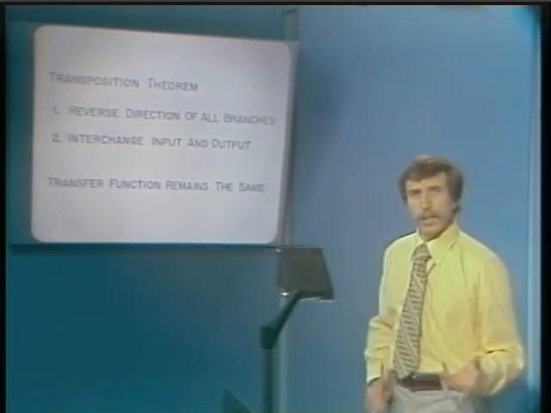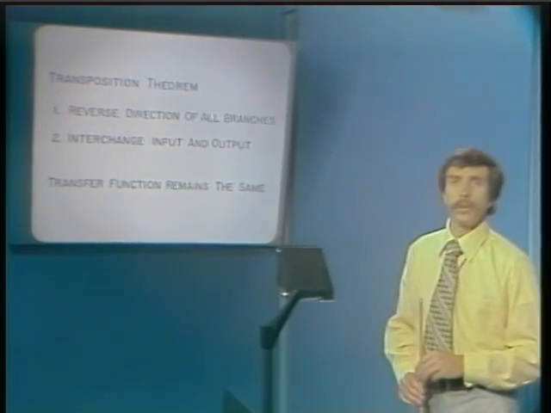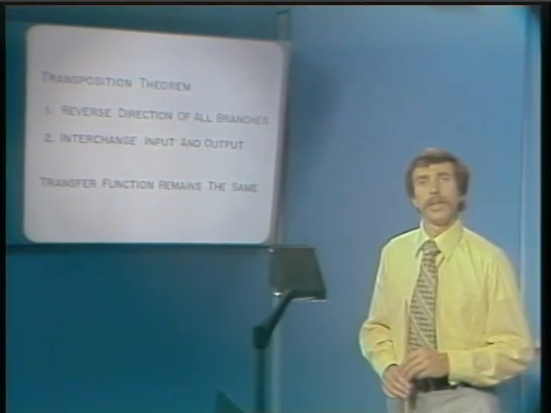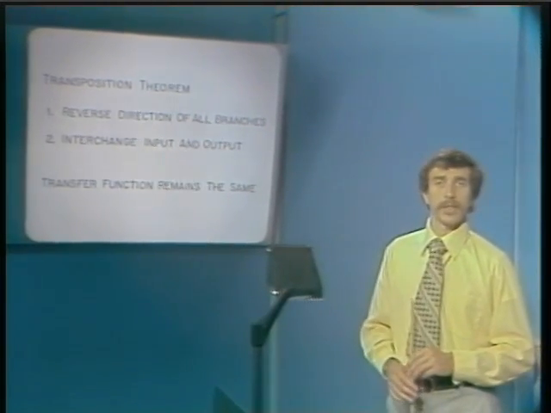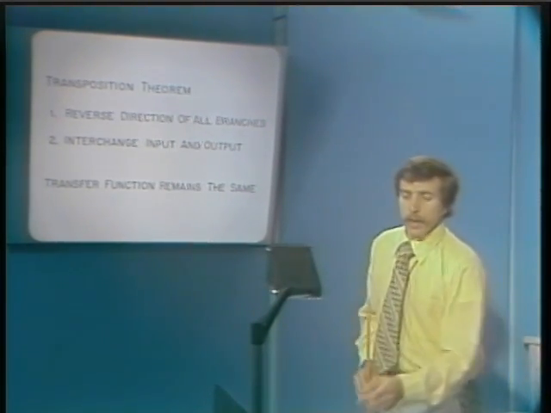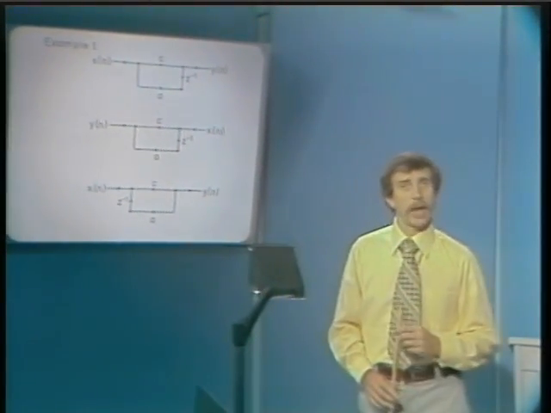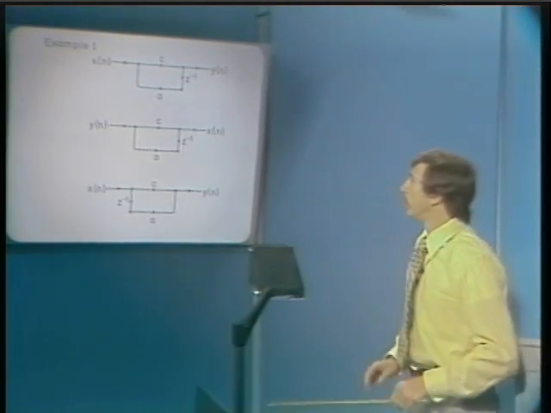We won't incidentally prove the theorem, although in the notes in the text at the end of the chapter there in fact is a proof of the transposition theorem. But let me illustrate the transposition theorem first with a simple example that makes it appear to be a trivial theorem, and then with another example that suggests that perhaps the theorem is less obvious than it would at first appear.